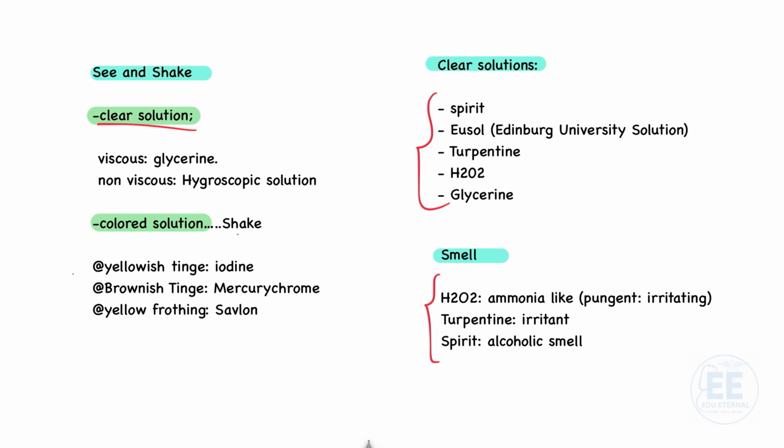And if we shake the colored solutions, then iodine gives a yellowish tinge, Mercurochrome will give brownish, and Savlon will give yellowish frothing. Smell: hydrogen peroxide has an ammonia-like pungent irritating smell. Turpentine also has an irritating smell, and spirit has an alcoholic smell.